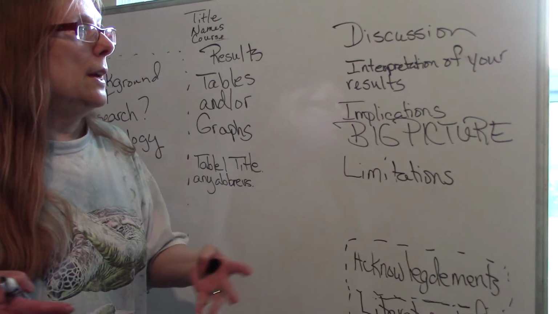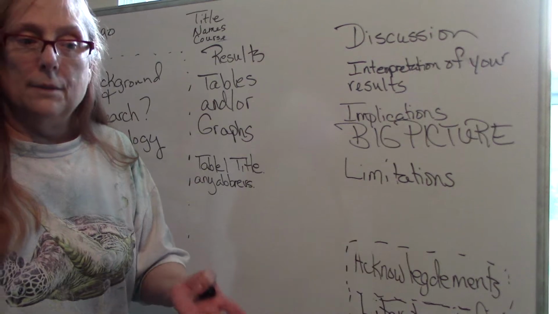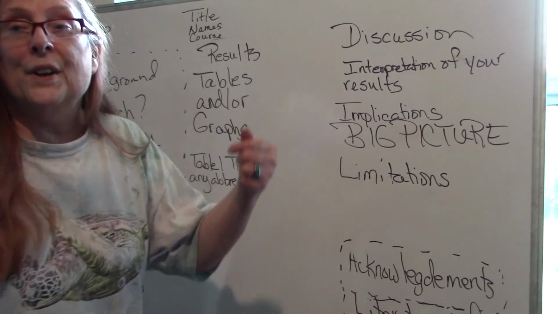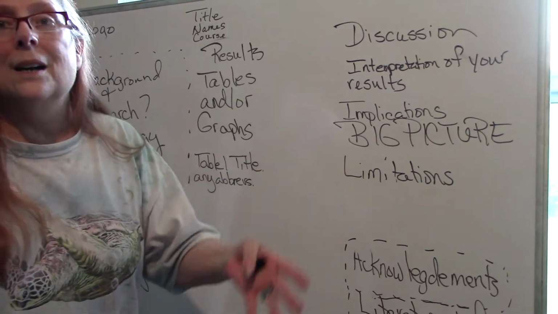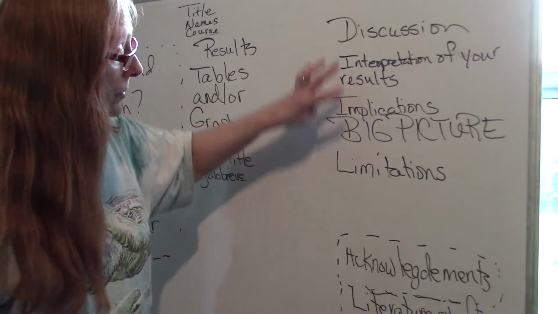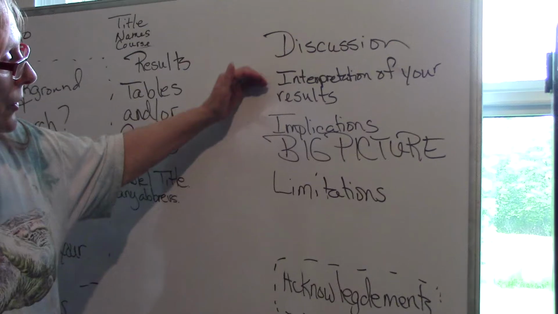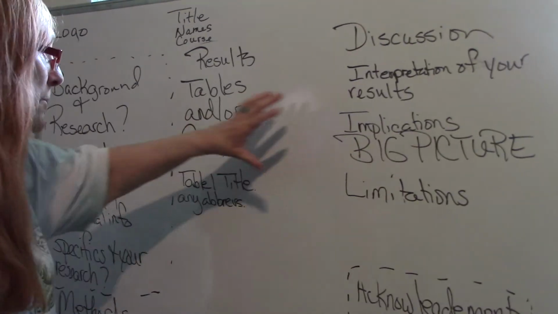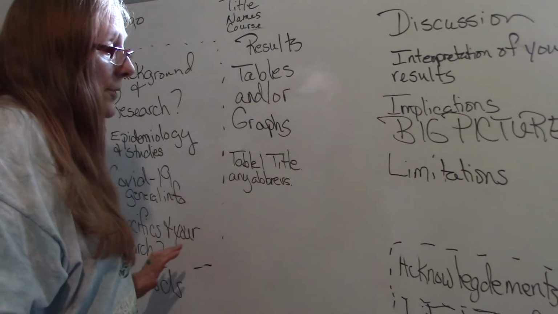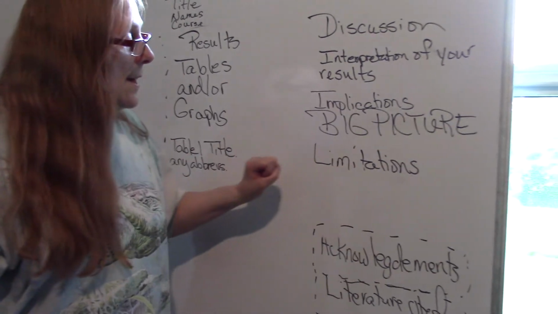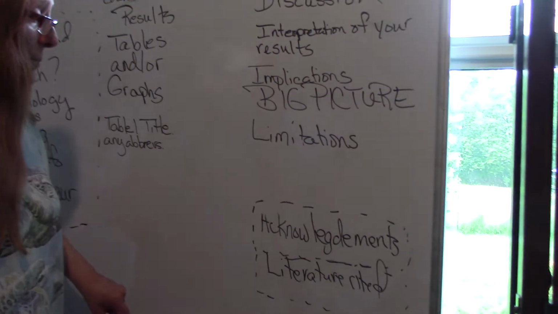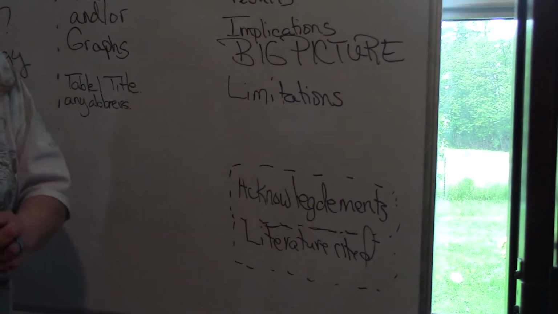You have a short frame of time. The fact that not everyone's tested. There are all kinds of limitations here. So do that. Write that section. So that's in 3 parts, and your background and research question is in 3 parts. Then you have your acknowledgments. And finally, the literature cited.